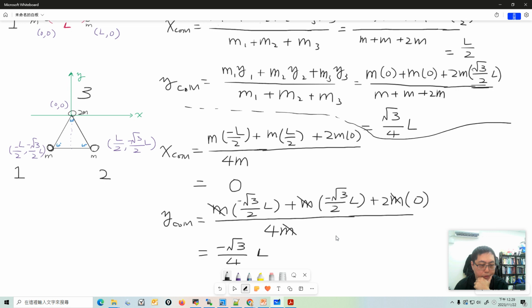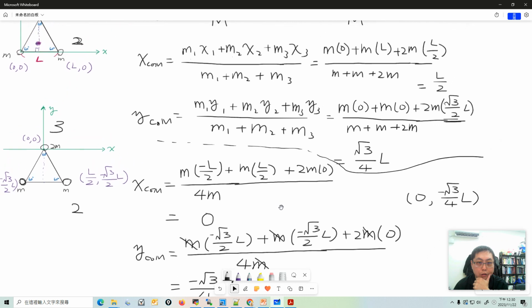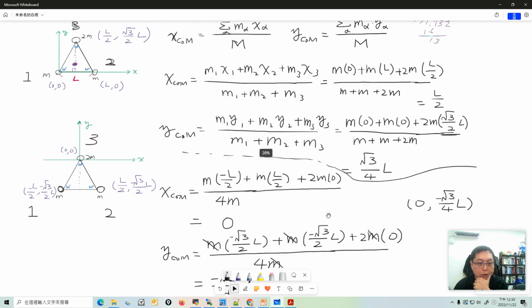So you see, in this coordinate system, the coordinate of the center of mass will be 0 and minus square root of 3 divided by 4 L. And in the first coordinate system, what's the coordinate of the center of mass?